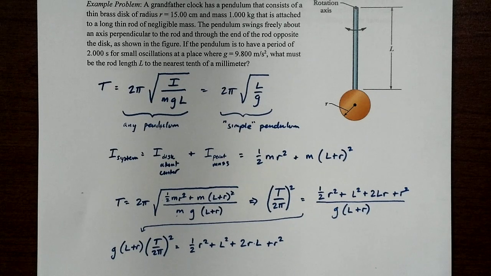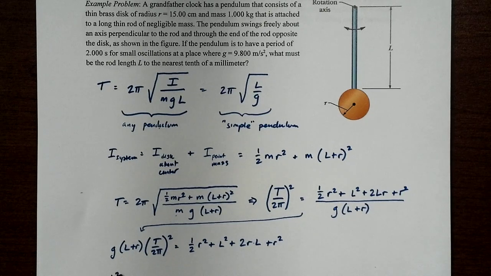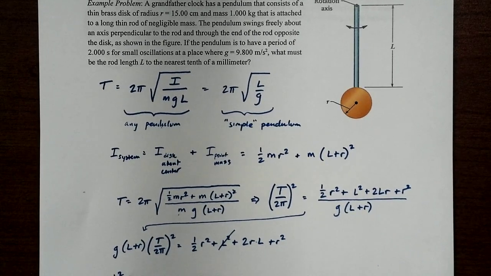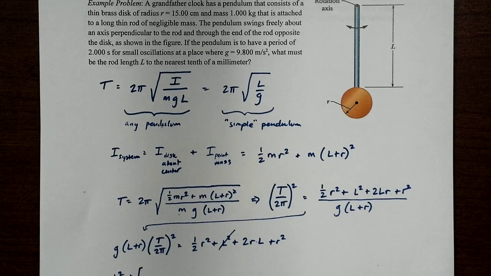All right, and then I'm going to put everything on the same side of the equation. If we start with L squared, we only have the L squared term here, so we took care of that. Now, in terms of terms that have L in them, I've got this one, 2r.